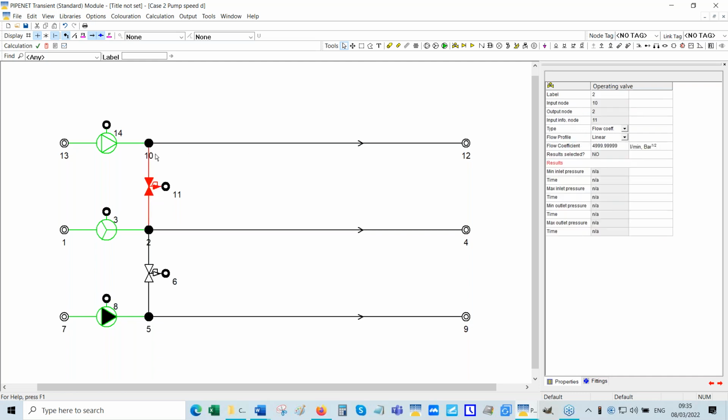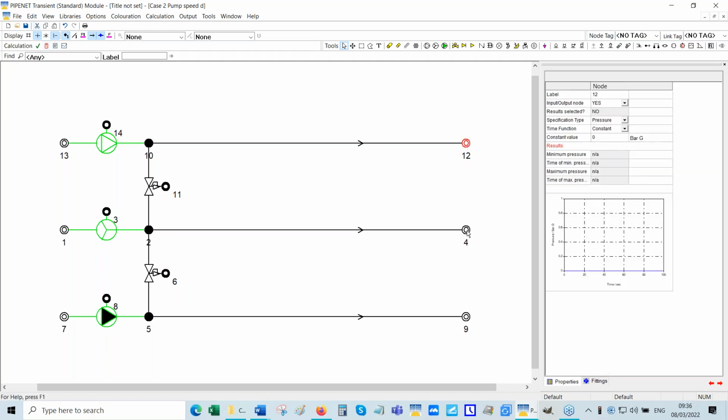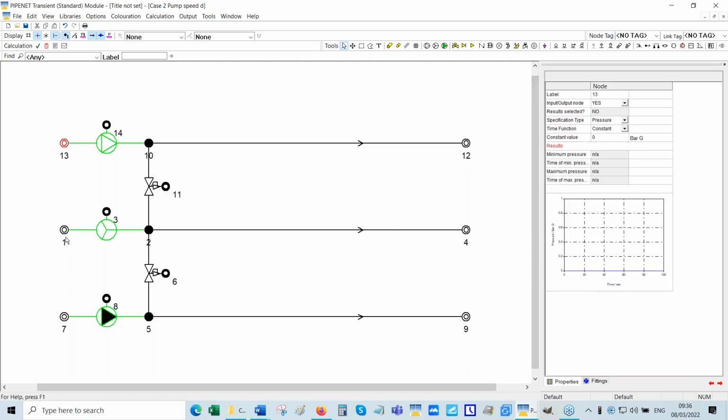These valves are here simply to create one network. You see, they're both closed, so the pumps actually work independently. It's only to create a single network. Just to be sure, the pressure is 0. The pipes are the same. The inlet pressures are the same.